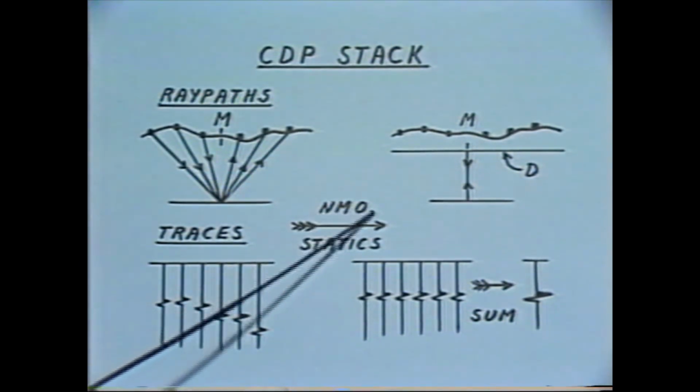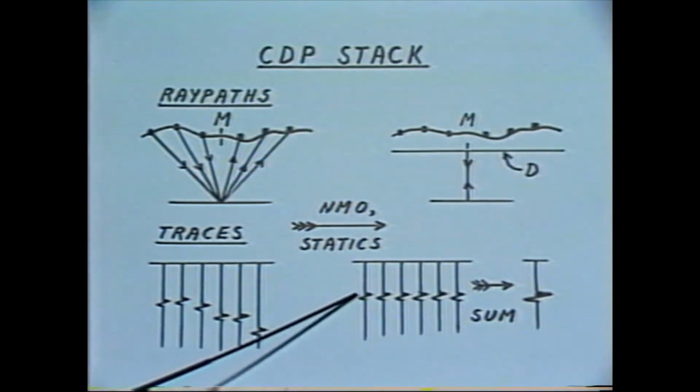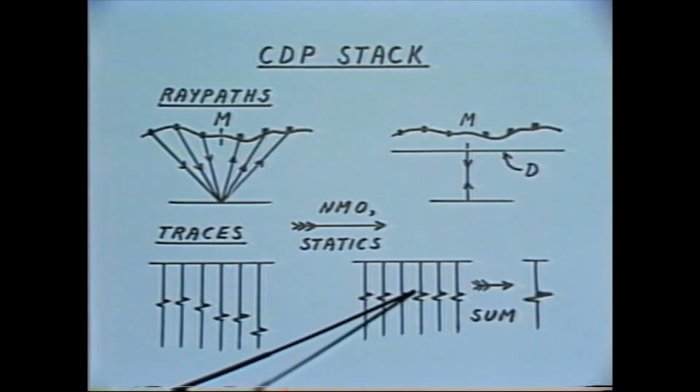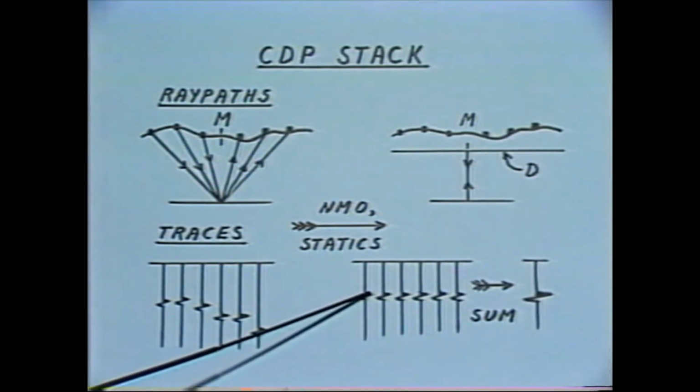When we apply NMO and statics, we correct each particular primary reflection to its zero offset time on each of the set of CDP traces.